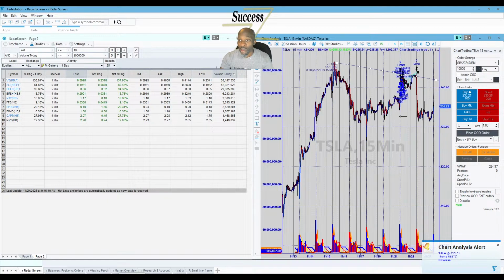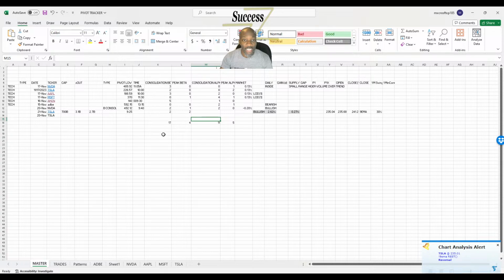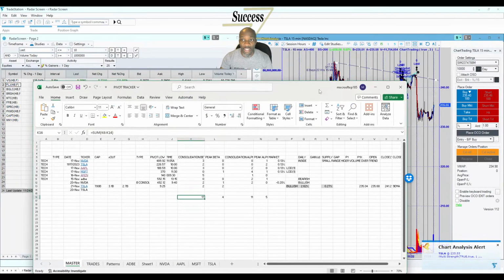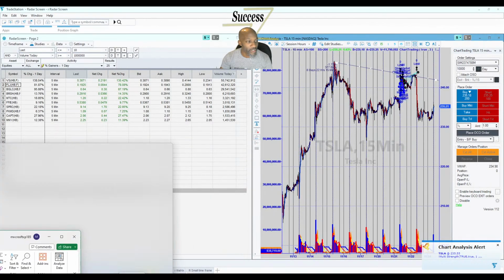And what did we say? Looking at our pivot tracker, we see a lot of bounces around the consolidation beta. What is the consolidation beta?